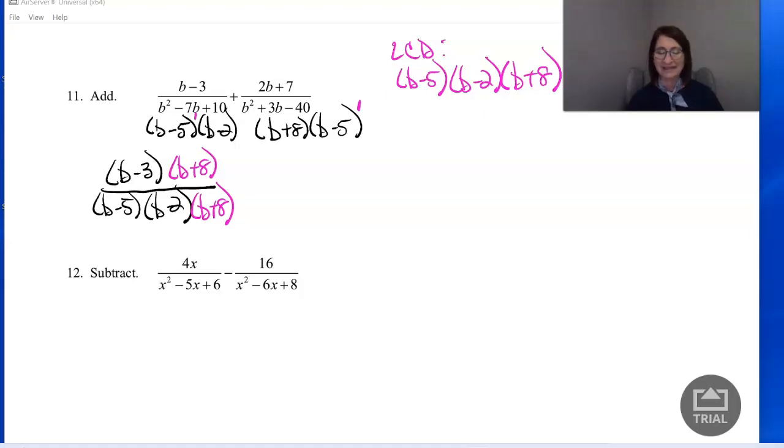Now I'm going to go to my second rational expression. I have 2b plus 7. Then in the denominator, I have b plus 8, b minus 5, and I need to see what is missing. Well, it's the b minus 2.